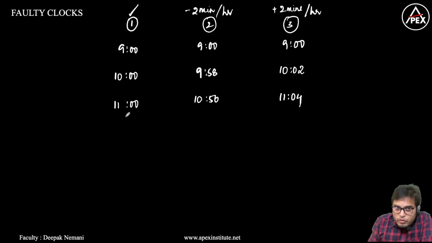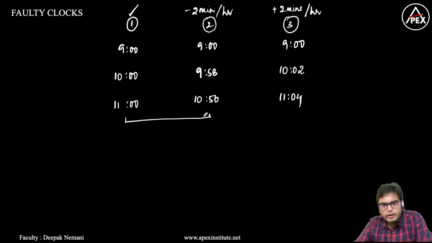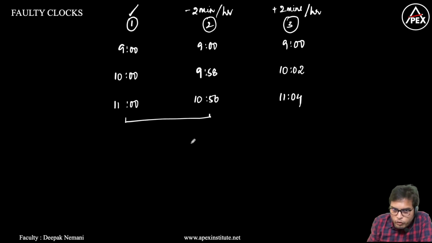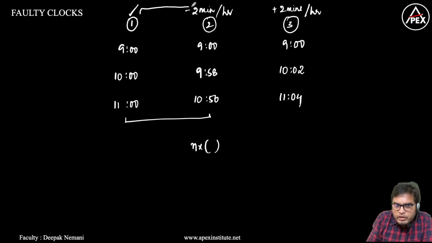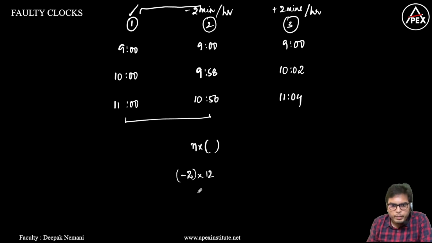And so on. Now if you are asked to find the time any clock would have lost or gained in n hours, that would be n times the rate of gaining time or the rate of losing time, right? For example, if you are asked to find the time difference between these two clocks after 12 hours, I know that this is losing time, so −2 at the rate of 2 minutes per hour into 12 hours, that would be 24 minutes.